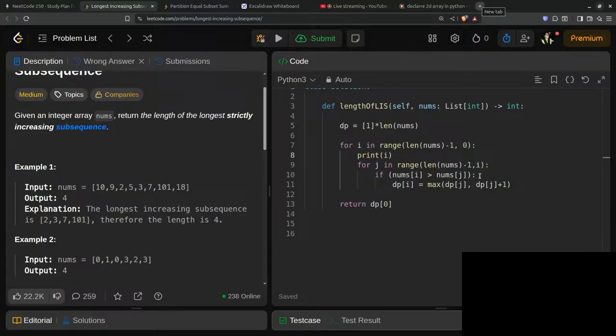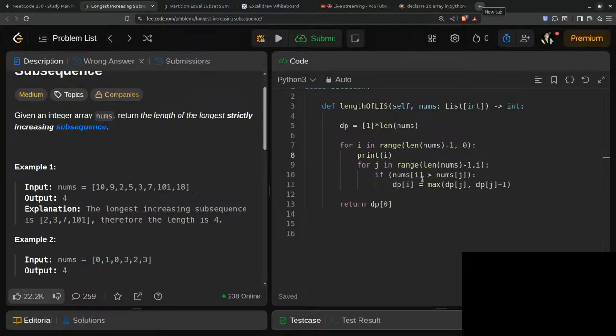Apparently, I don't have to go backwards.